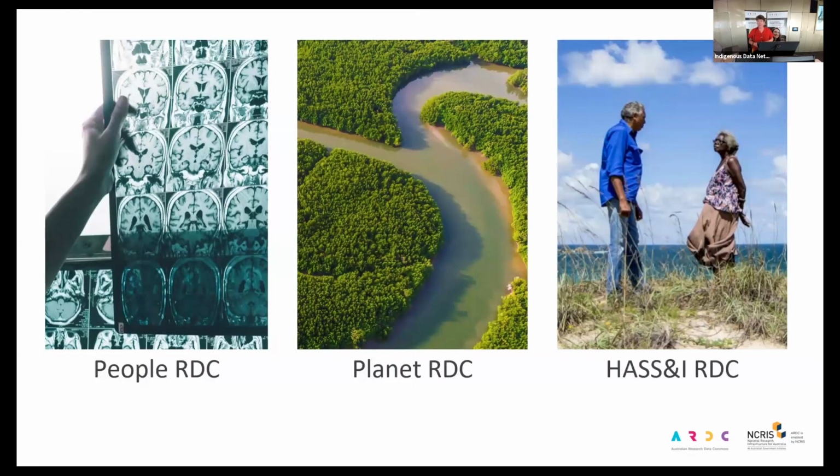So at the Australian Research Data Commons, we have 3 research data commons. They are the People Research Data Commons, which is confusingly, for me anyway, health and medical research. Planet RDC is Earth and Environmental Sciences, and then we've got the Humanities, Arts, Social Sciences and Indigenous Research Data Commons.